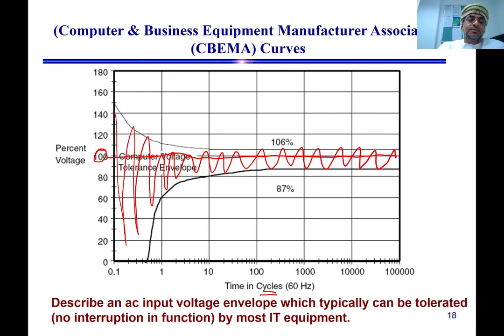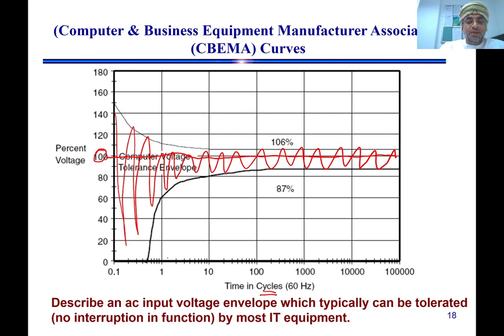They give a relationship between voltage and time, and the time is given in cycles. So you can see that the computer is supposed not to be damaged if the voltage drops below even 20%, but for a very short duration.